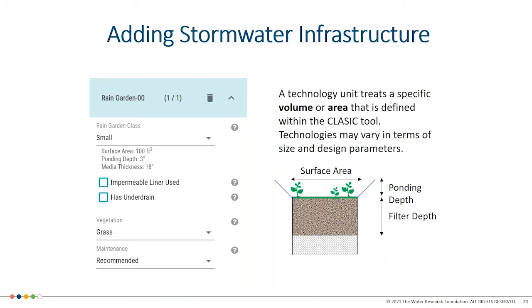Okay, so a user adds stormwater infrastructure by selecting the type of technology. I provided that list of technologies earlier.